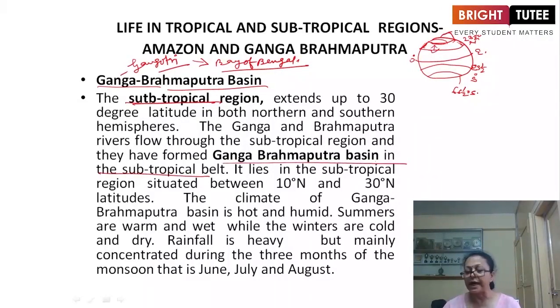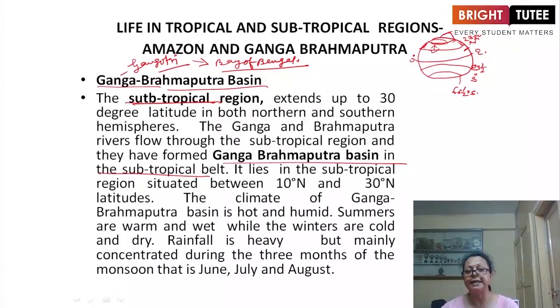So this is about the flow of the river, the drainage system of our country. What is the length? It has been mentioned over there, extends up to 30 degree latitude. It lies in the subtropical region. Till 10 degree, it is the tropical region.